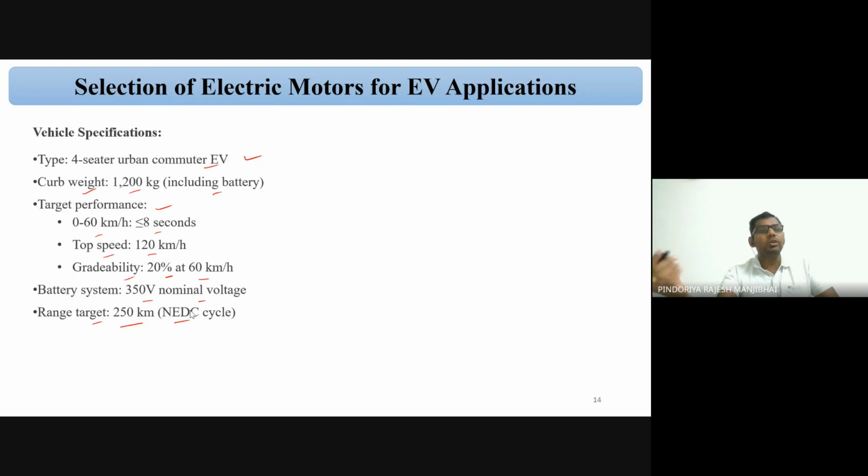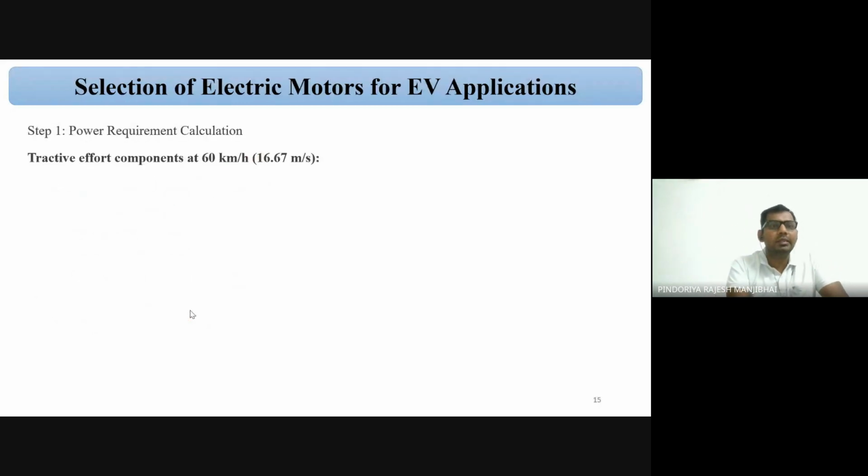We have to calculate all the parameters and power, and finally say how much power rating is required for the motor. Maybe 200 kilowatts, maybe 300 kilowatts, which type of power, correct? So these are the numerical parameters we got from the customer, and now, as electrical engineers, we have to select the electric motor. One by one, we can solve this numerical step by step.